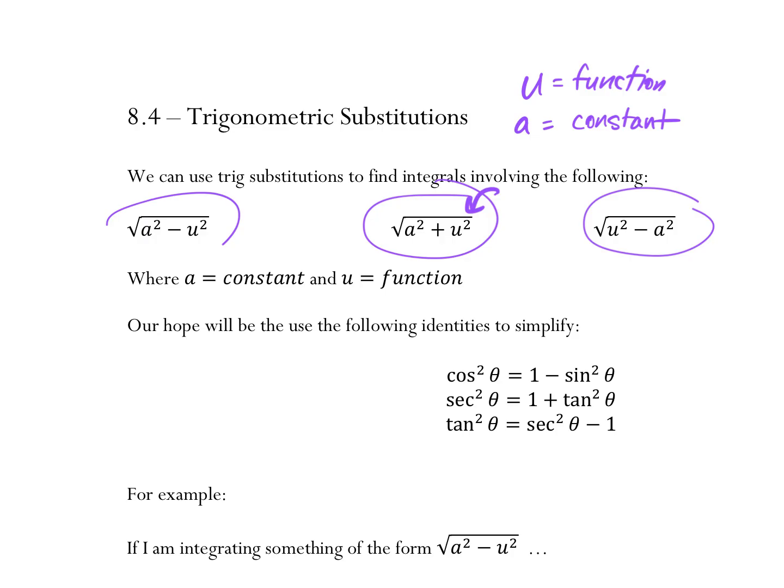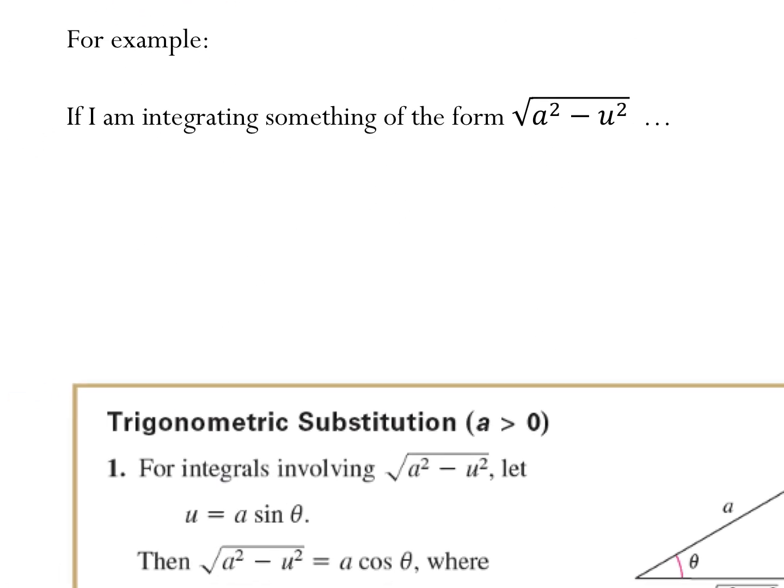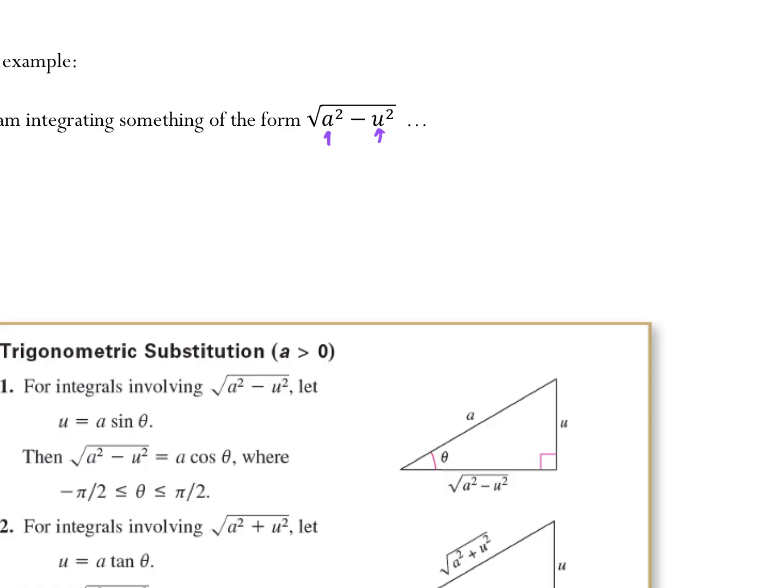If I'm integrating something where it's a constant squared minus u squared, we're going to use some special substitutions to make this make sense. We're going to let my function equal a times sine of theta. In other words, the sine of theta would equal u over a in this particular case.